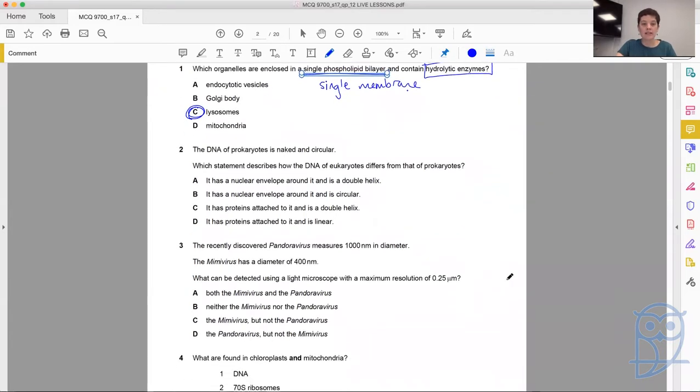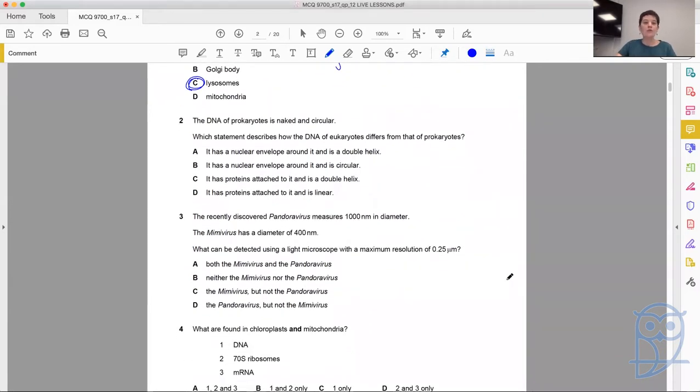Question 2 asks us, the DNA of prokaryotes is naked and circular. They just got that loop of DNA, however it's going to sit in that specific prokaryote, okay? No proteins associated.